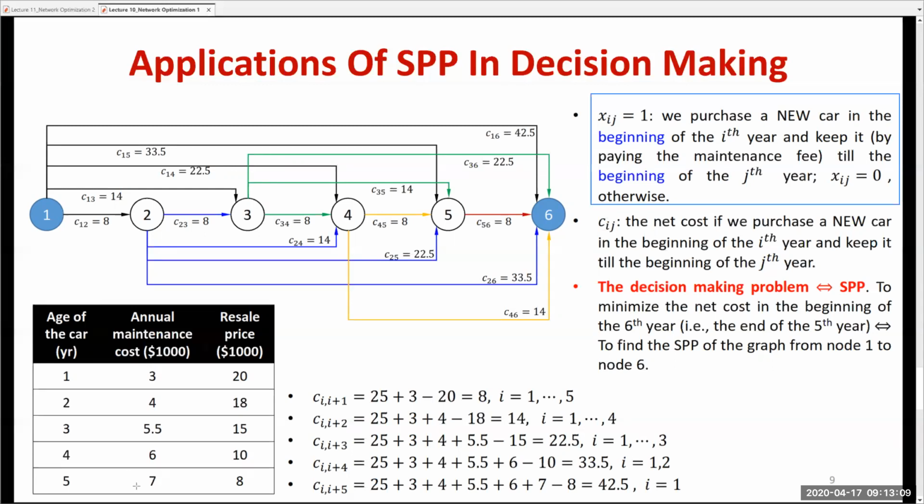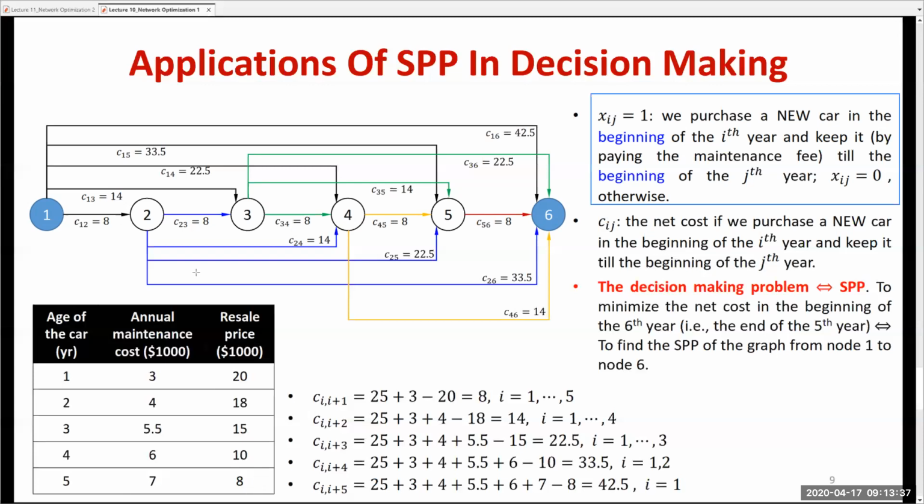Well, assuming this data is correct, your annual maintenance fee is increasing, but your resale price is decreasing. So for sure there's a balance point, or a marginal, no matter whether you say loss or profit. At some point, you're going to sell it, and we want to find what this exact point is.